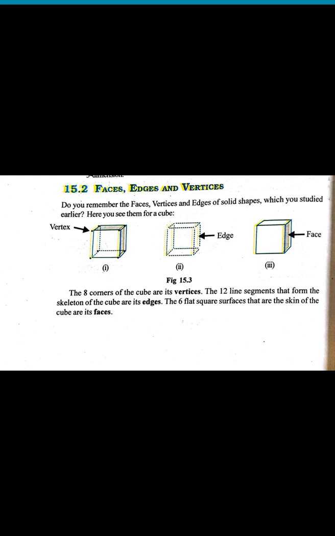There are 12 line segments. That means the edges. So there are 12 edges in a cube, and also there are 6 faces in a cube. So a cube has 8 vertices, then 12 edges and 6 faces. Is that clear?